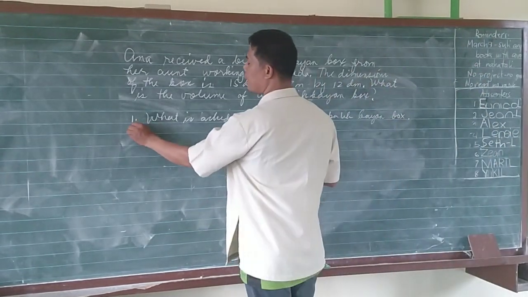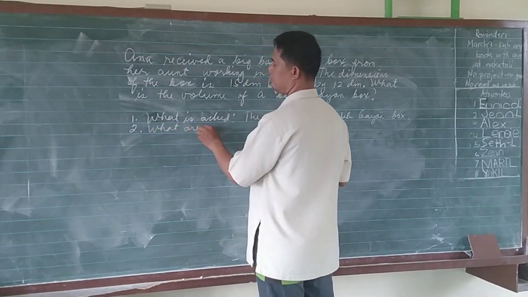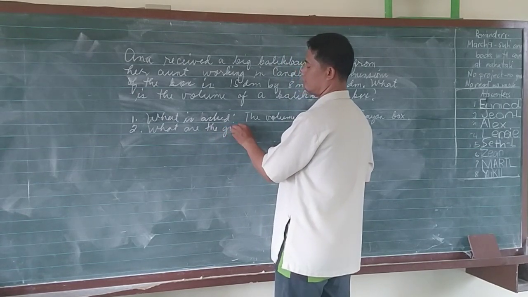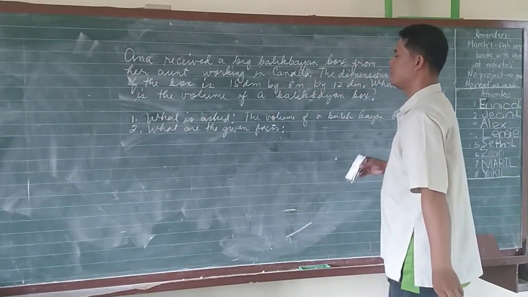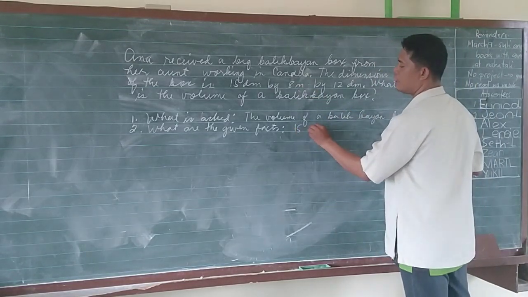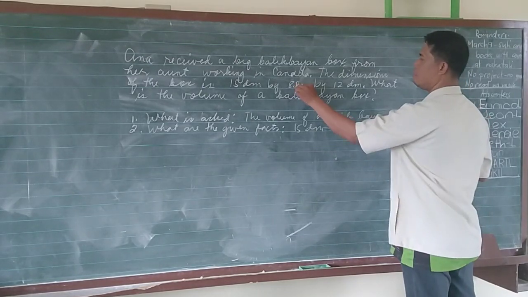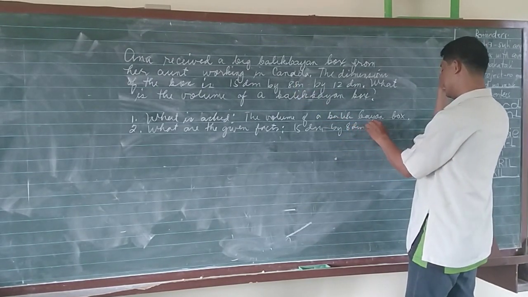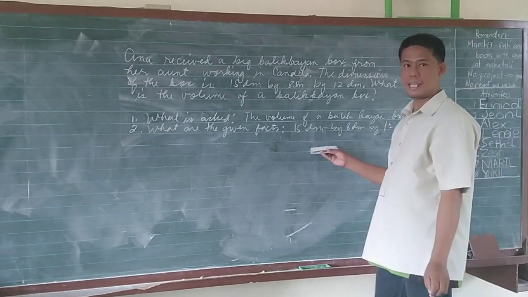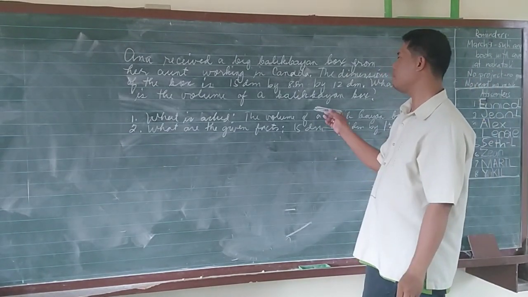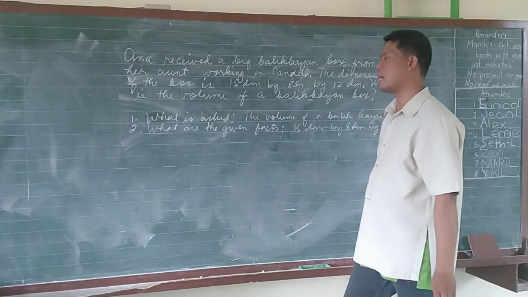Then, the second question, what are the given facts? So your answer is 15 decimeter by 8 decimeter by 12 decimeter. See? Your answer can be gotten from your problem that you constructed.